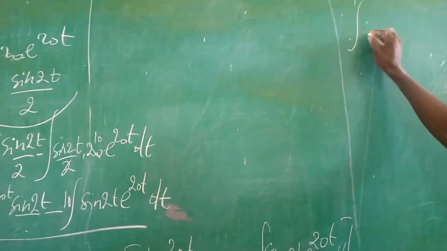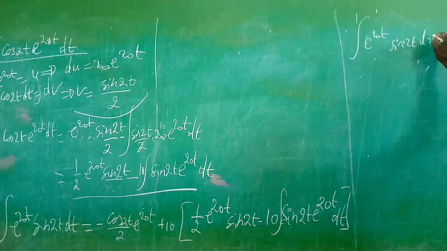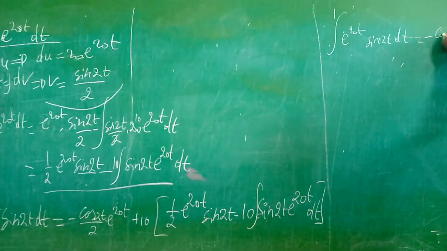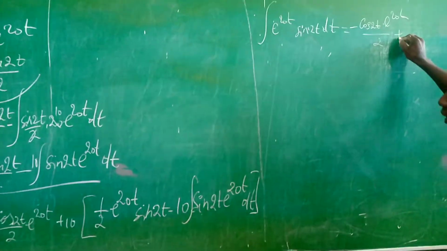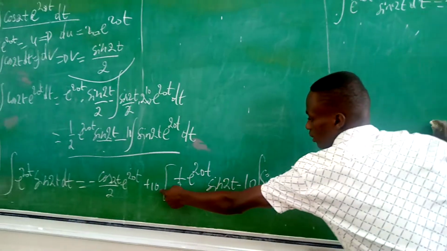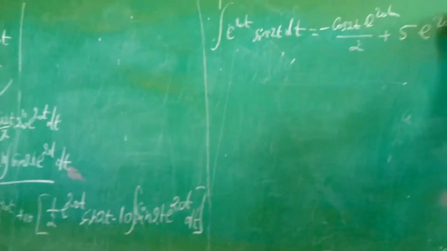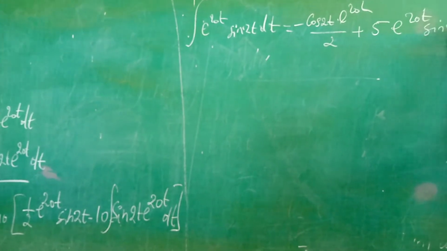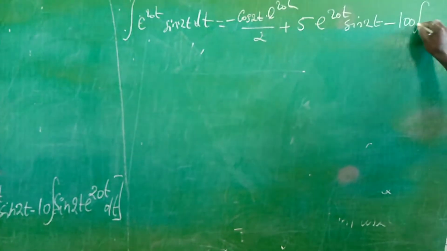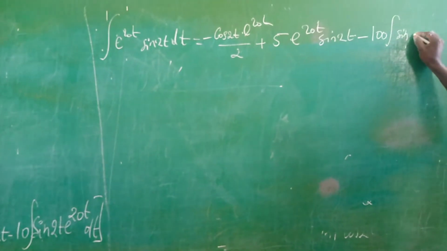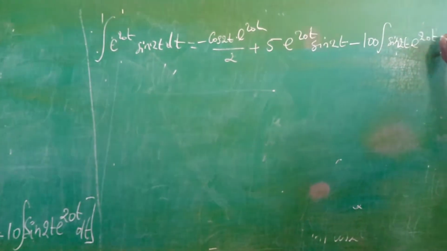Continuing this equation, we get the integral of e^(20t) sine 2t dt is equal to negative cosine 2t e^(20t) over 2, plus this 10 times 1 over 2, which gives us 5 e^(20t) sine 2t, negative 100 times the integral of sine 2t e^(20t) dt.